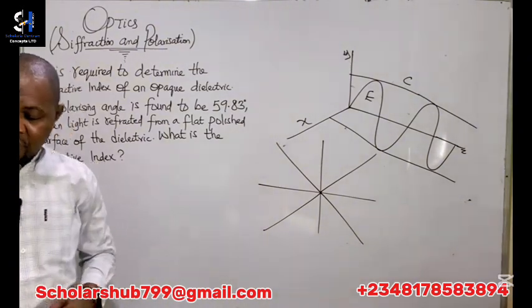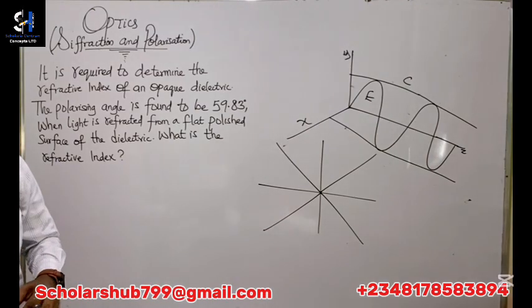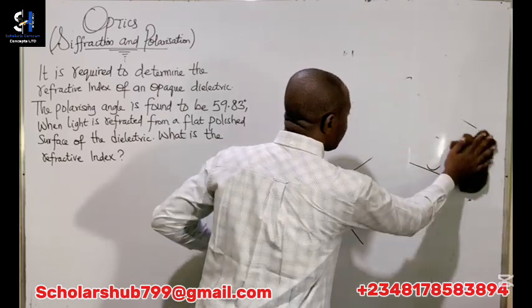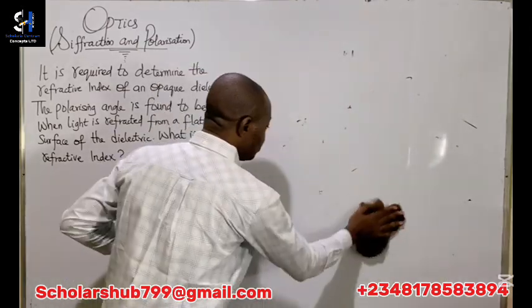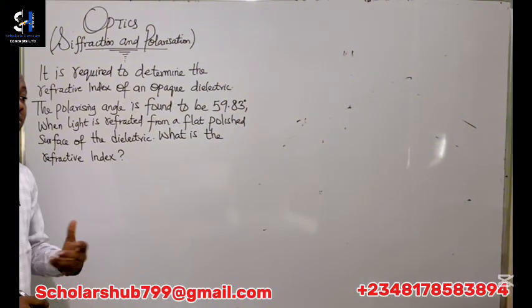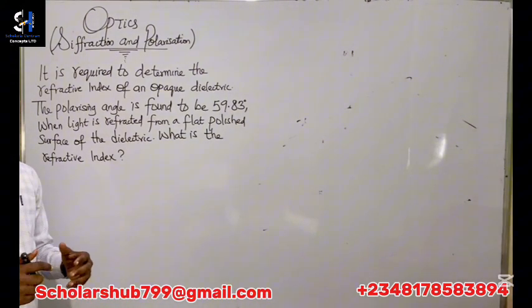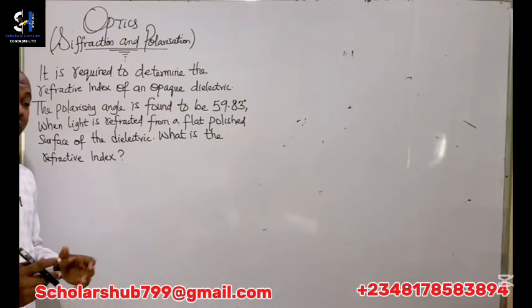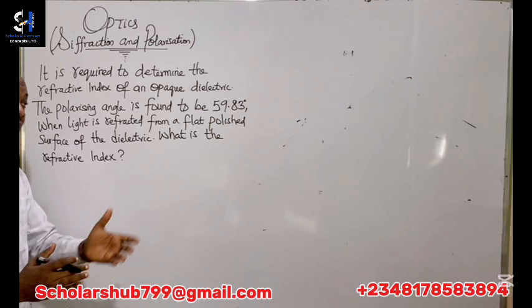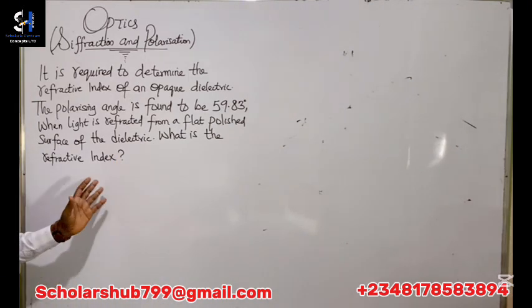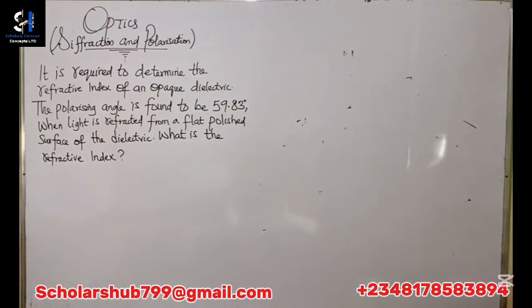This is just to help us understand the concept of polarization. Like I said, we have plane polarized light, when the electric field vector is in a constant orientation, and that's what we are going to be looking at to solve this problem.